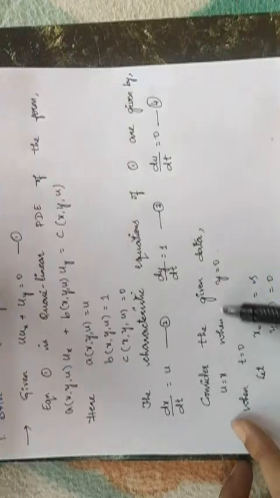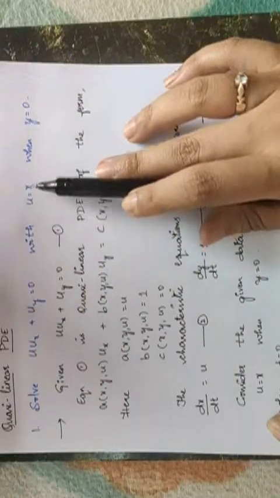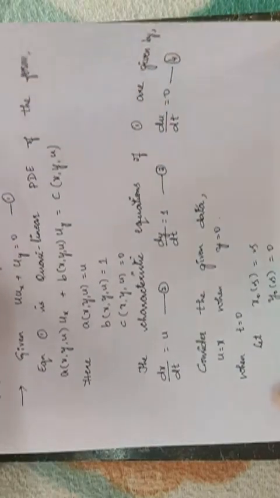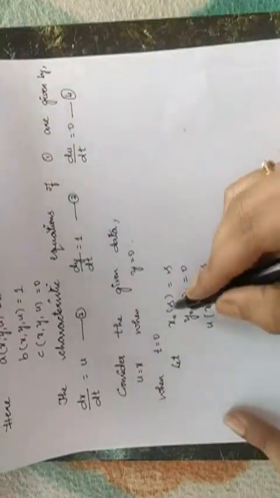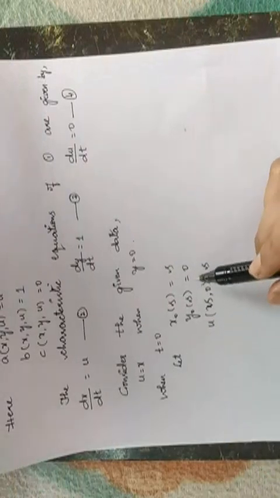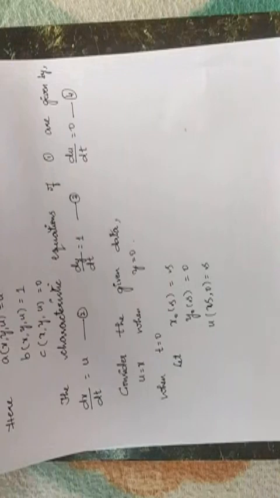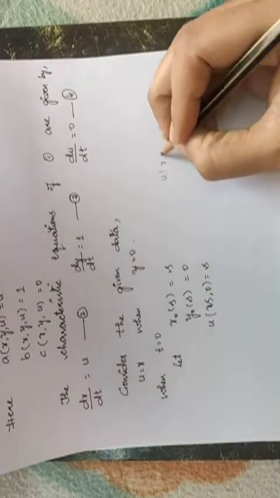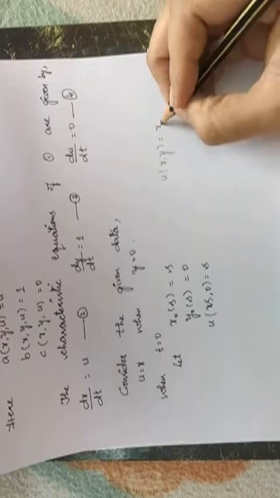Now this is the given data. u is equal to x when y is equal to 0. Since the value of x is not given, initially x0(s) will be equal to s. y is 0, so when t is equal to 0, you will get y0(s), that is nothing but 0. And u is u(x0(s), y0(s)), that's how we write, right? u(x,y) is equal to x.